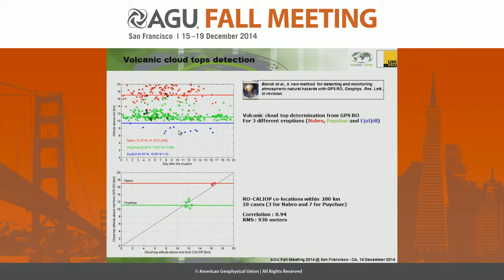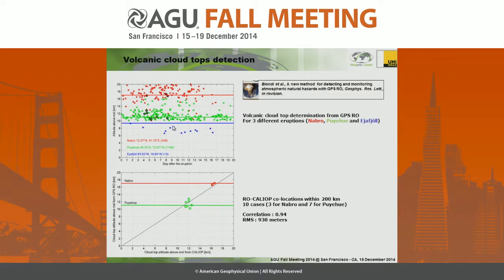We finally have used the same technique for detecting the volcanic cloud tops and for analyzing the influence of the volcanic clouds on the stratospheric temperature. So we have analyzed 3 different eruptions, Nabro and Puyehue, because they were the largest eruptions, and so we had the opportunity to get a lot of collocations with the GPS radio occultations, and Eyjafjallajökull.